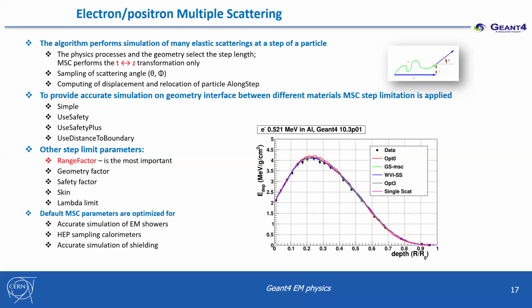We have four kinds of step limitation for multiple scattering. Simple, use safety. Safety is the geometry distance to the closest boundary. Safety plus is an alternative method to limit the step. And finally, use distance to boundary. The last one makes sense if you have no magnetic field, then you may estimate the direct distance to the boundary from the pre-step point to the point where you will have intersection.